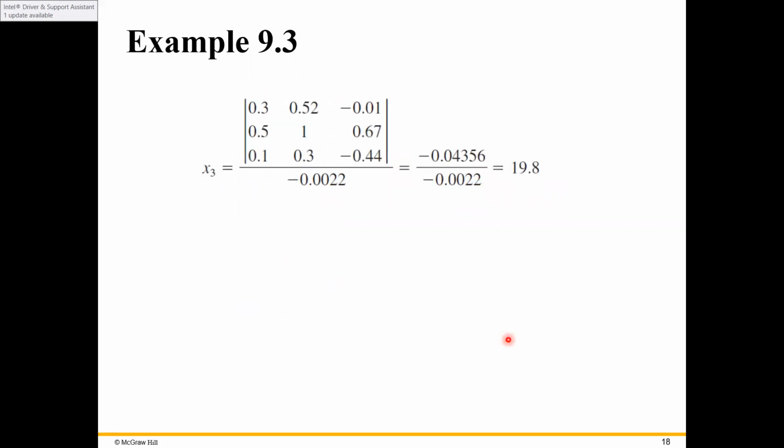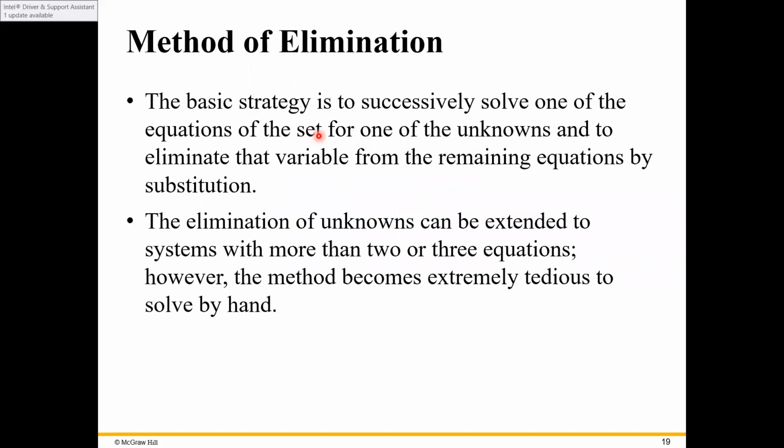And the solution for x3 is 19.8. But you can see that in this case, each time we have to find a 3 by 3 determinant. So it is very time consuming to find the solution of the equations by Cramer's rule or by the method of determinants.